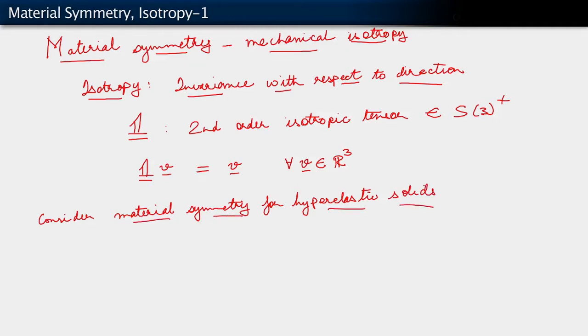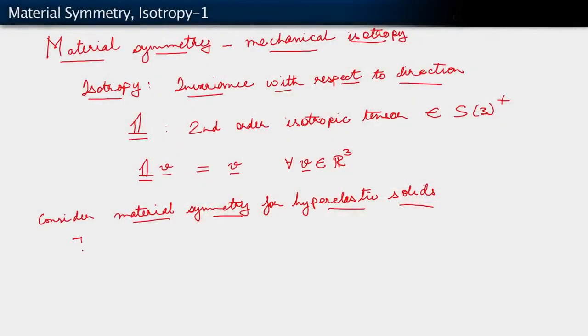And you remember that the term hyperelastic solid really is a statement on how we are modeling the solid. So we know that this solid, if we call it hyperelastic, we have for it a strain energy density function. Okay, all right. So we have this object.